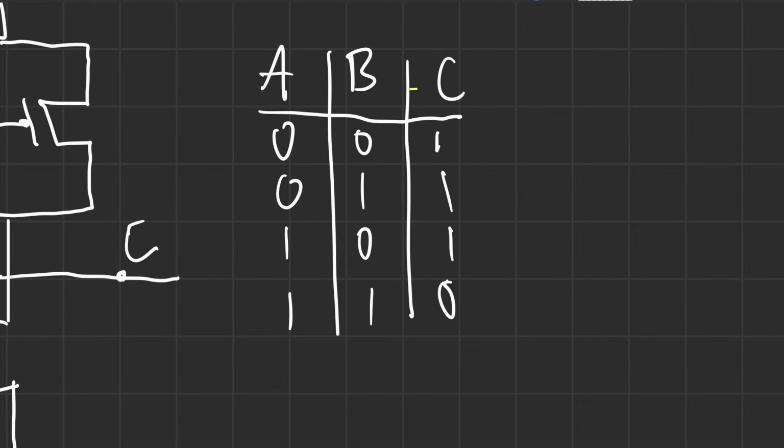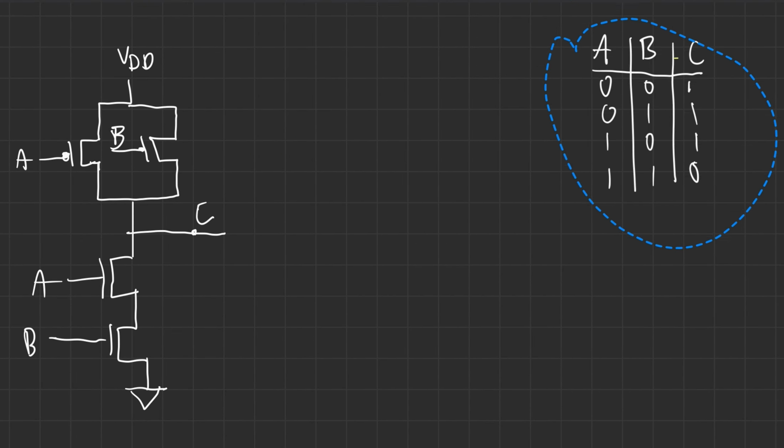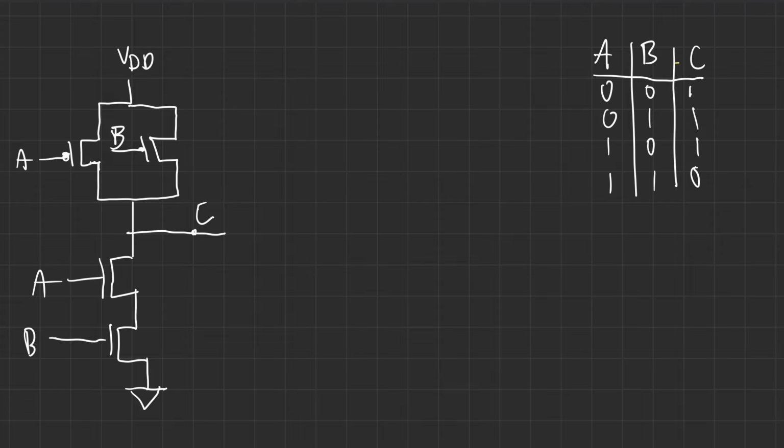So how can we make this logically into what we want? So let's just move this truth table. I'm just showing you all these techniques and throwing stuff at you. So right now, what we have is not A and B. So what can we do to turn this to A and B?